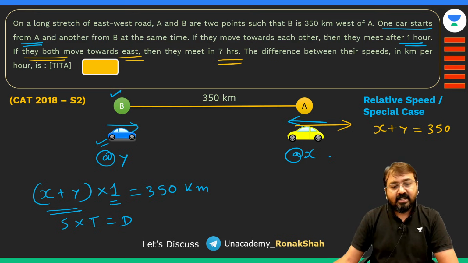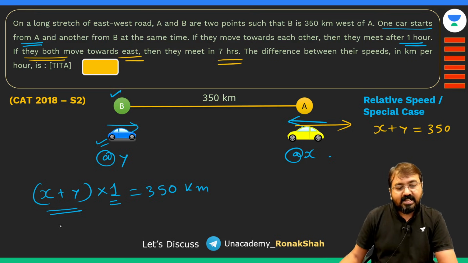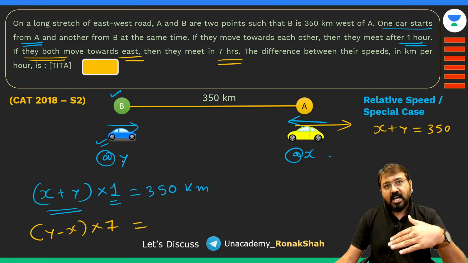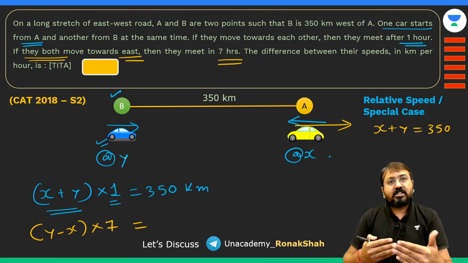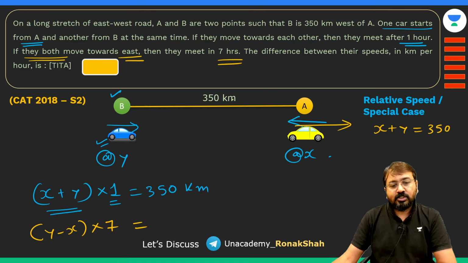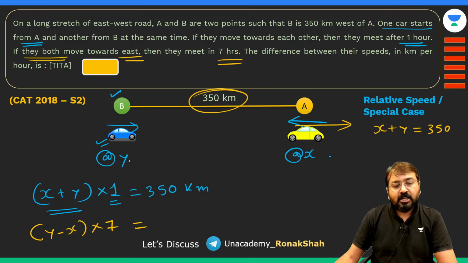So can I say the relative speed of these two cars will be y minus x? In the second case, the relative speed is y minus x and the time taken is 7 hours. And we know that when one car wants to catch the other car, the faster car needs to breach the gap between them, that is the distance of 350 kilometer is to be covered by this car, right? So here I can say relative speed into time is the distance traveled, that is 350 kilometer.